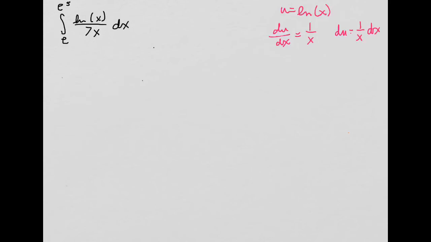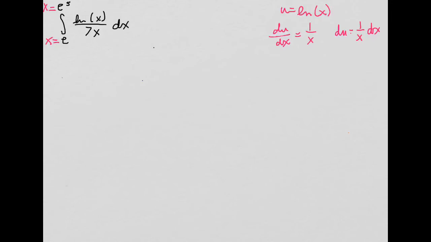All right, and so we're going to pull out that 1/7, but you need to remember that these limits of integration have to do with x. So these are x equals e to x equals e to the fifth. So when we substitute back in, we need to remember to change these limits of integration to those in terms of u.